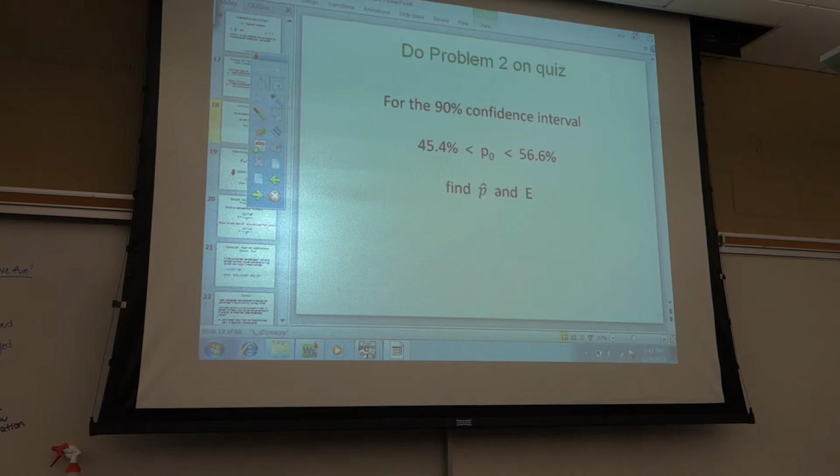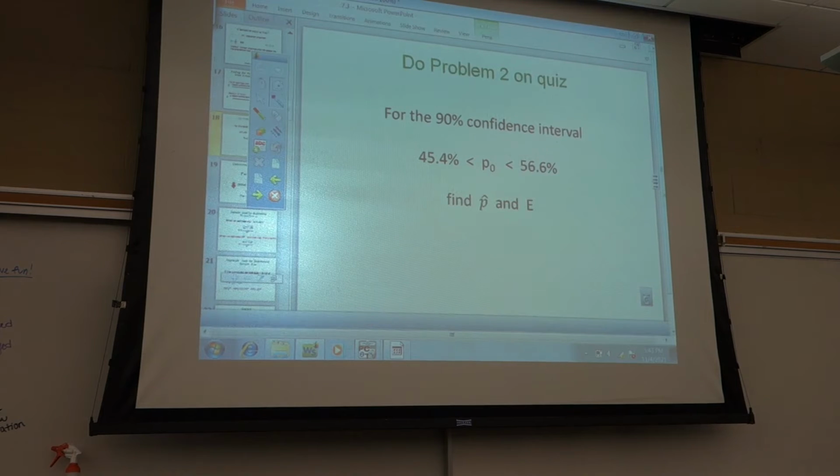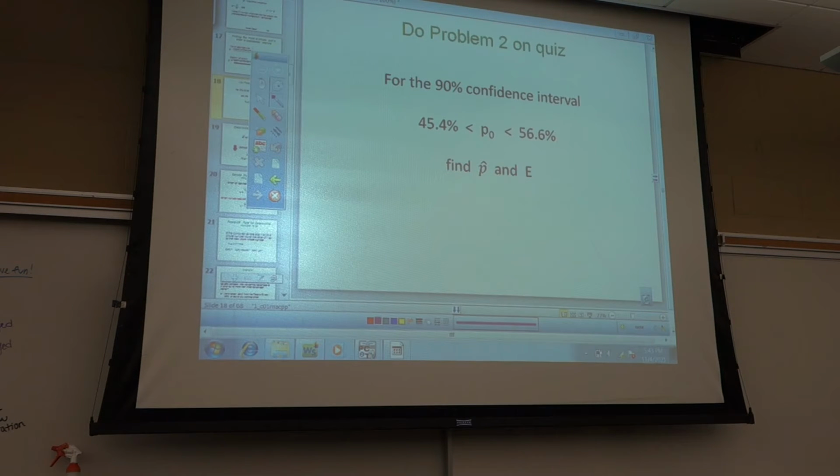All right, so problem number 2 on your quiz. Find p hat and e. Does anybody need 30 seconds to find these? You all have them? Okay, so my p hat is going to be the average of them. 0.454 plus 0.566 divided by 2. And I'll get 0.51.